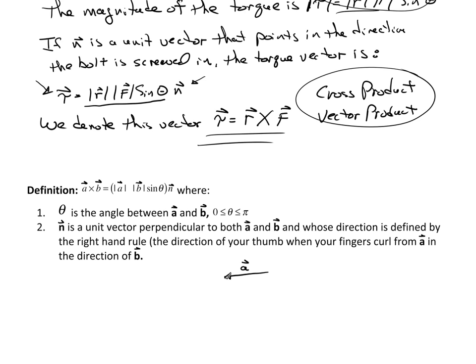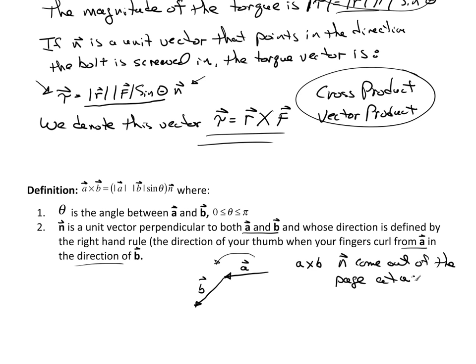This is vector A, and out here is vector B. If I take a look at A cross B, remember n is a unit vector perpendicular to A and B whose direction is defined by the right-hand rule, the direction of your thumb when your fingers curl from A in the direction of B. So when I put my hand here on A and curl my fingers in this direction with my thumb pointing up, this unit vector n will come out of the page, directly toward us.